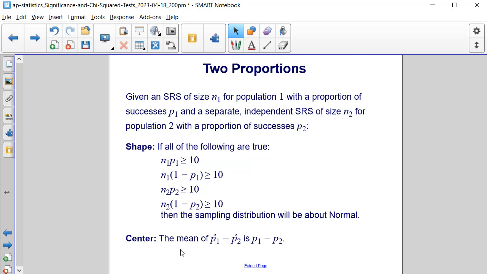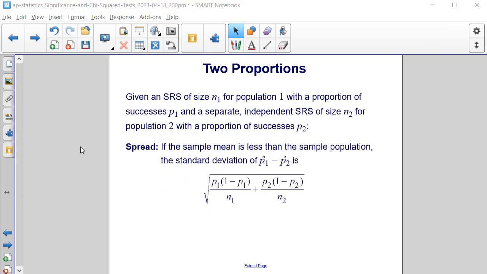Regarding the center, the mean of our first sample proportion minus our second sample proportion is equivalent to P1 minus P2.